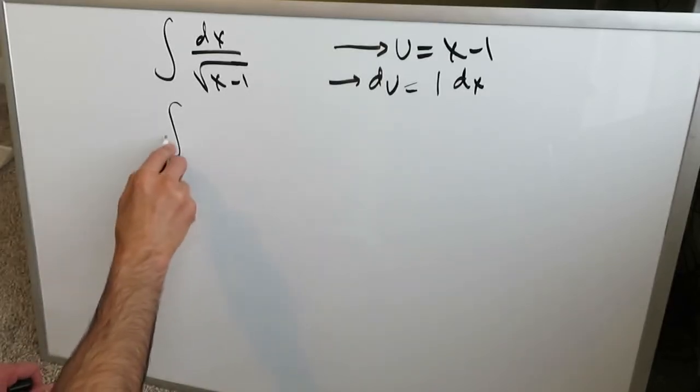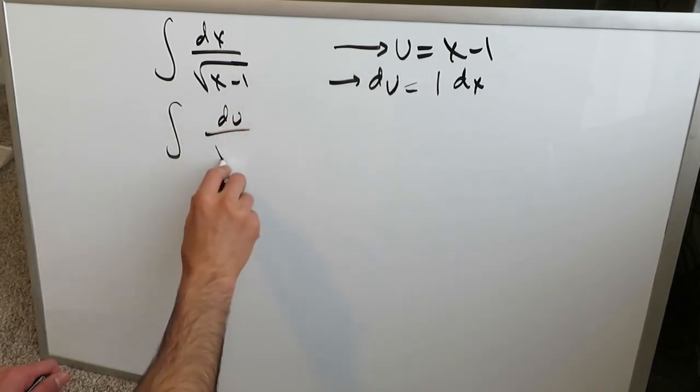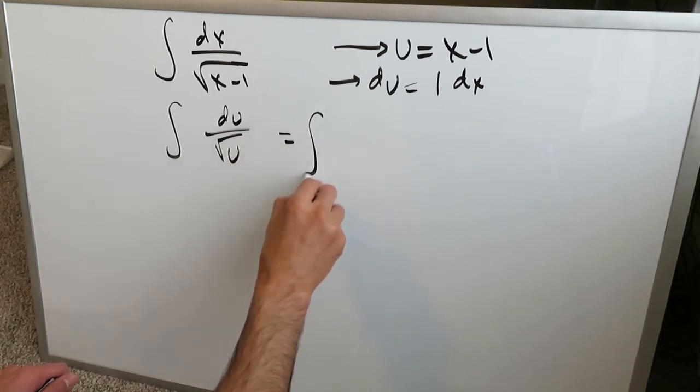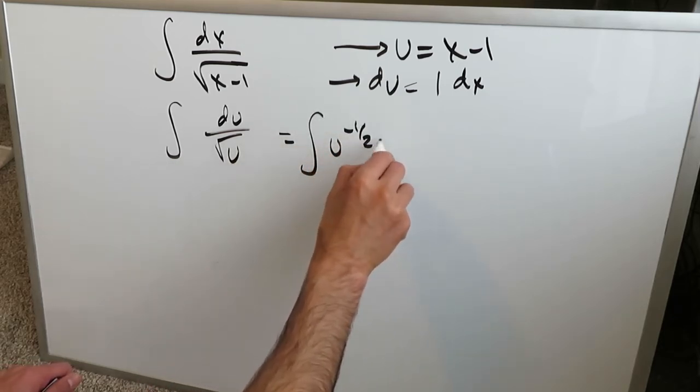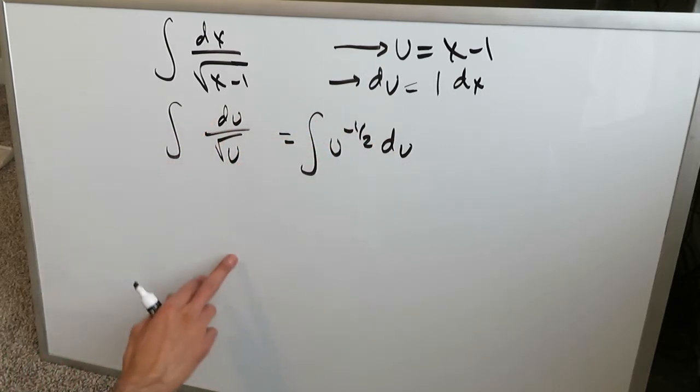You already have your substitutions, one here, one here. Do your substitution. dx substituted for du, x minus 1 substituted for u, but u is bound by this radical. You basically have u to the power of minus 1 over 2 du. I got rid of this radical by using the law of exponents. Nothing fancy over here.